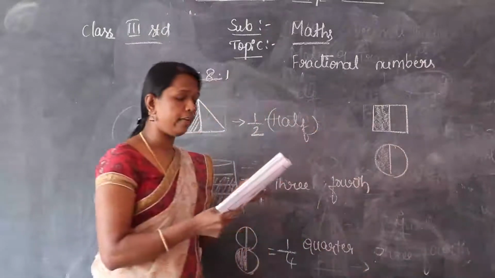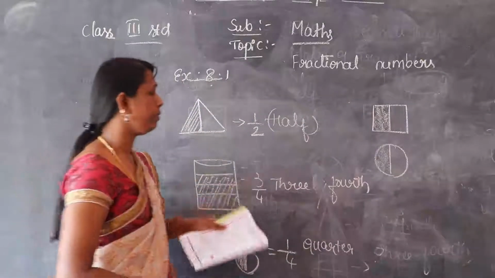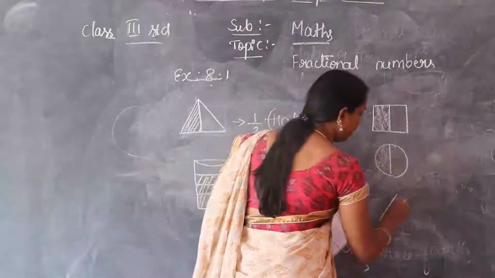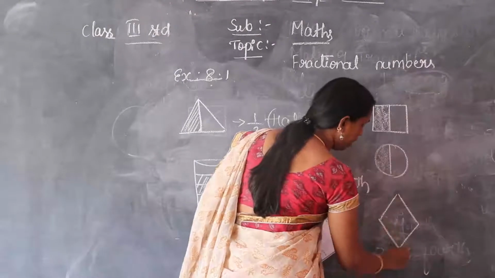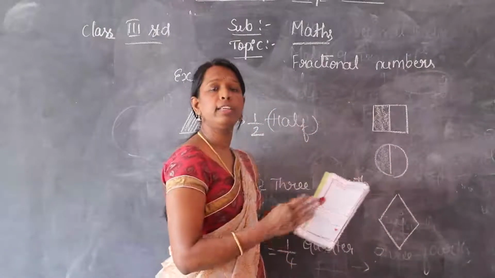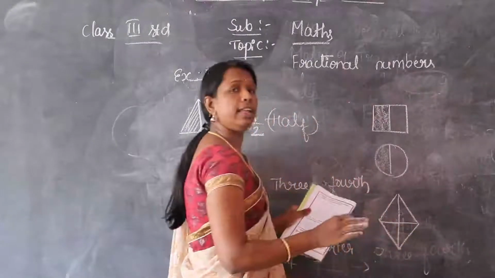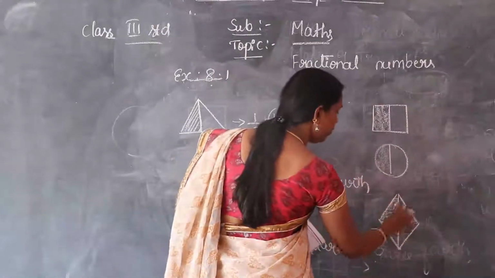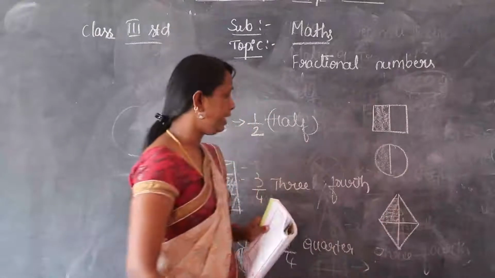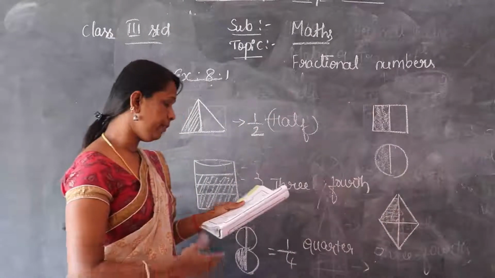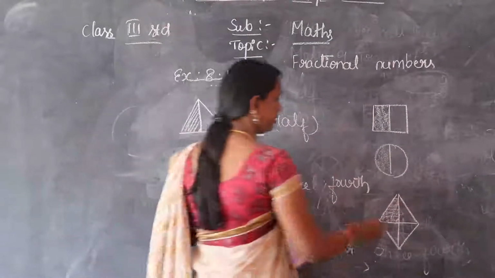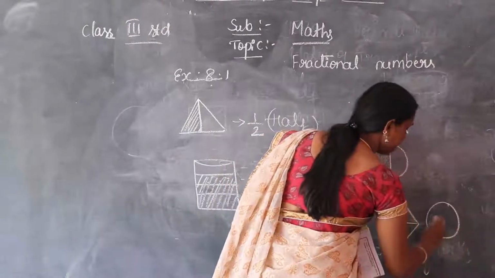Draw the lines and shade the quarter in each of the following given below. So quarter means what? 1 by 4. Divide the picture into 4 parts and do the coloring for only one part. So we will get a quarter, that is 1 by 4. Next one, second circle.